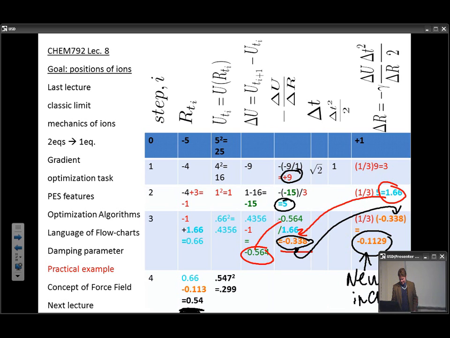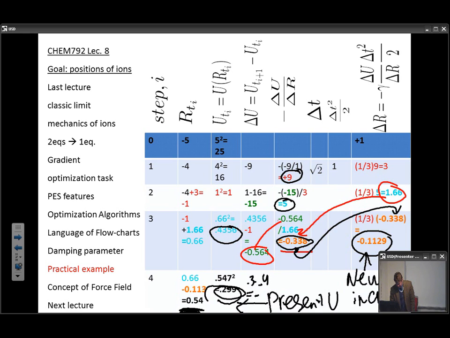And now we can take this 0.5 squared, find the present value of our potential energy surface, and subtract the previous value, which was this much. 0.4 minus is almost 0.3.